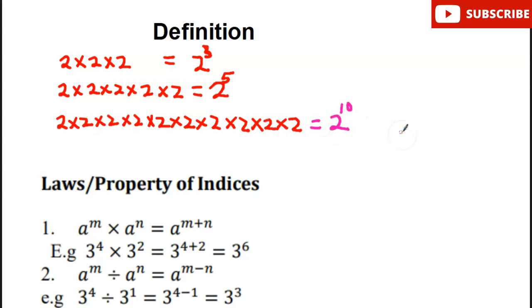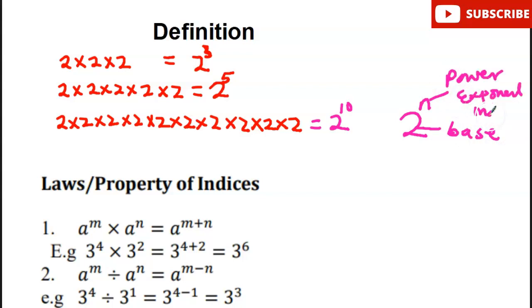So in short, in indices, if you have a number 2 raised to the power n, we call this one the base, and this the power, exponent or index. Yes, any of them. 2 is called the base, and this is called the power or exponent or index.